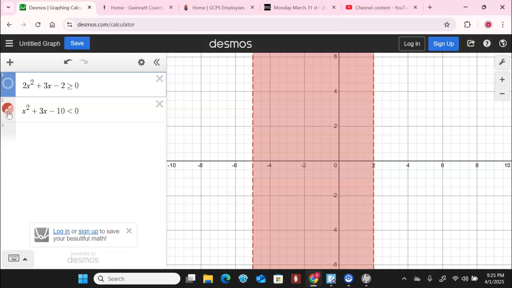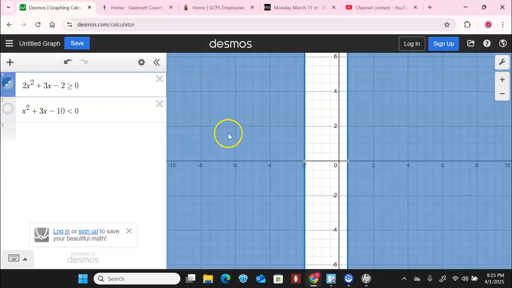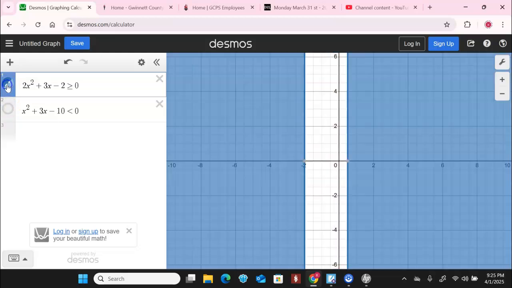Remember that the answer was -5 and 2 with open parentheses. This one is colored on the outside, and as you notice, you got two places that it's colored versus one place. Here we had one answer. Here, now we're going to have two places that it's colored.